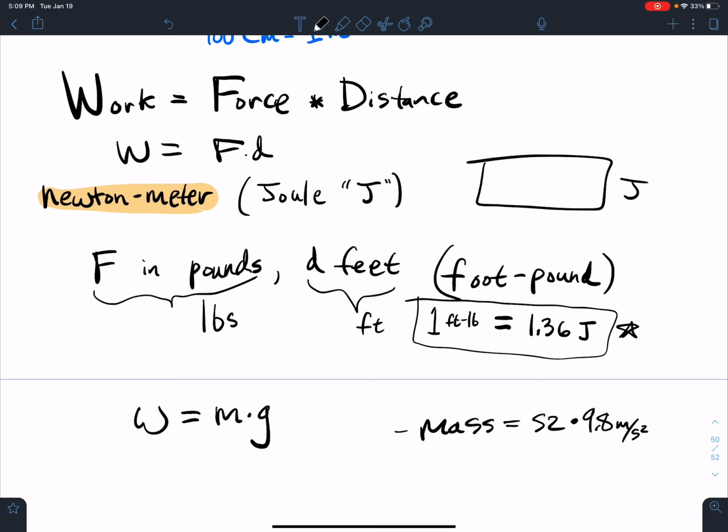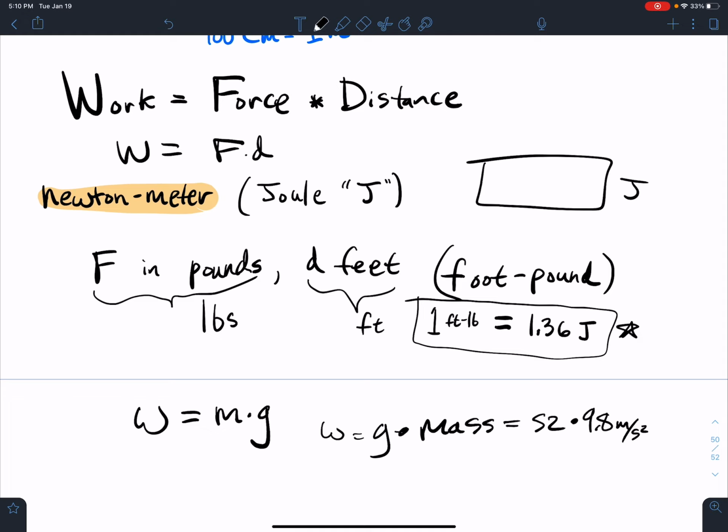So mass times gravity gives you your weight. So you've got to be careful when you're talking about the difference between mass and weight in the problem. Be careful when you're reading through. Okay, so when a force is constant, the measurement of work is straightforward.